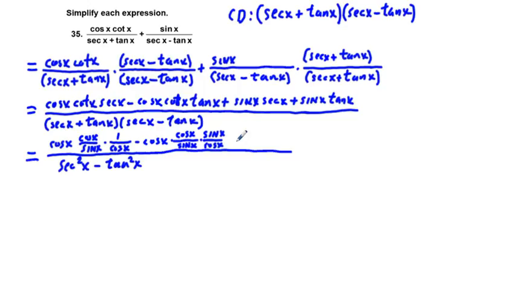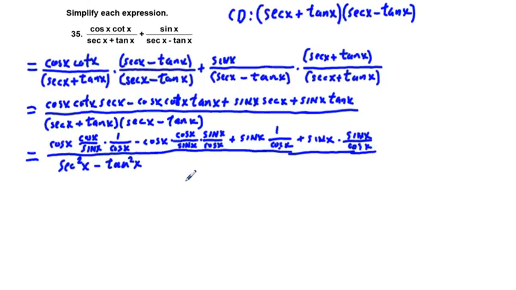And then we have plus sine x, and the secant x we rewrite as 1 over cosine x. And then this last one we have is plus sine x times tangent x, which is sine x over cosine x.